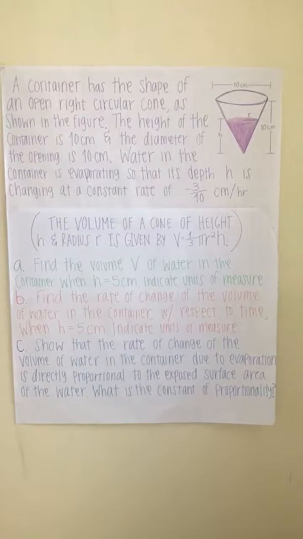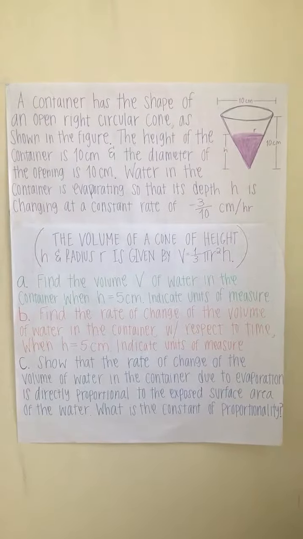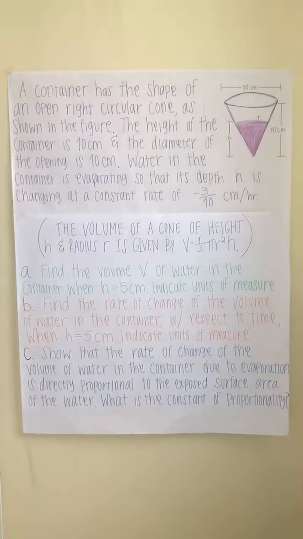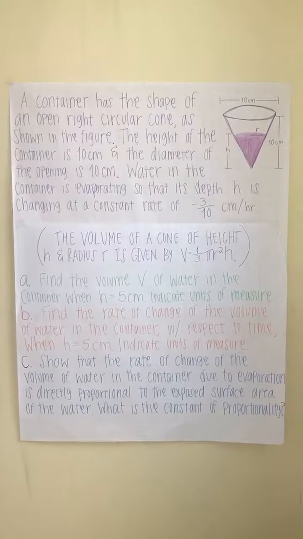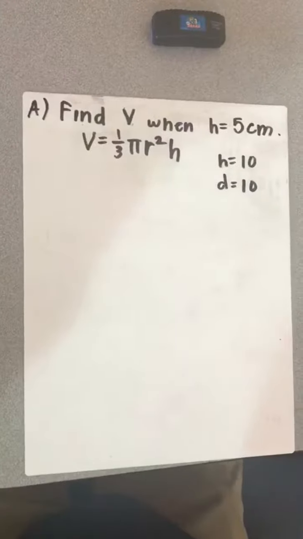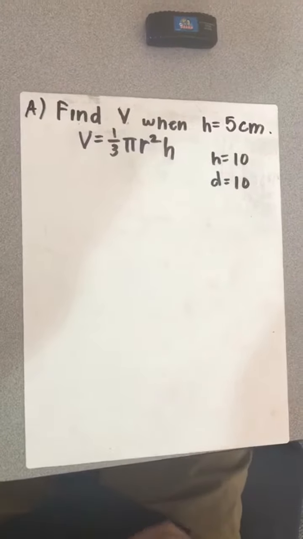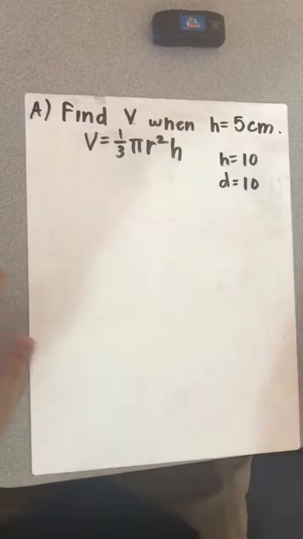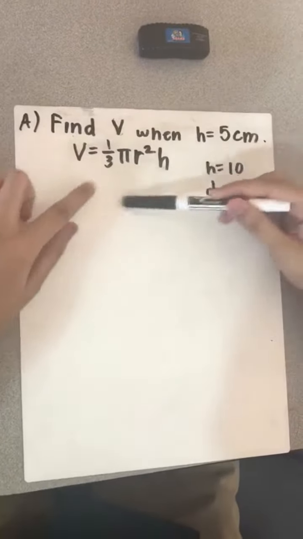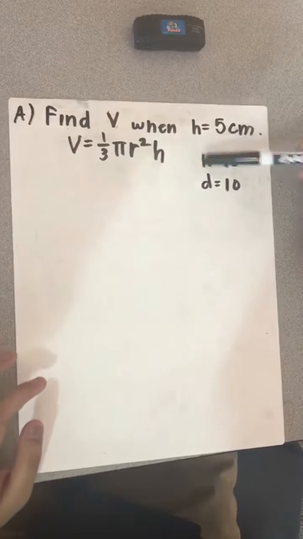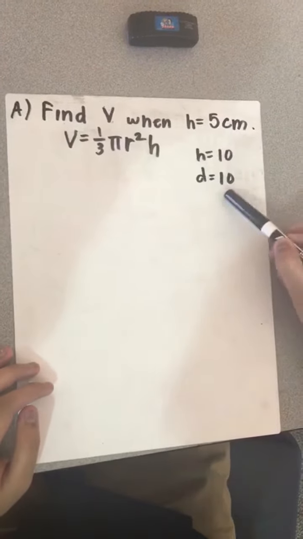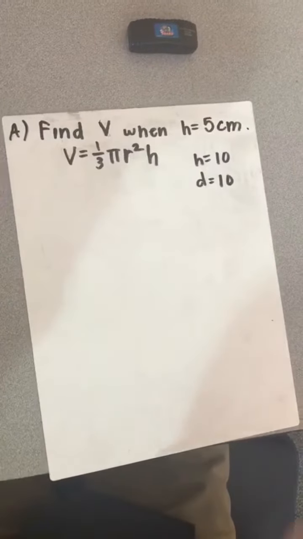Okay, so our first part of our FRQ says find the volume V of water in the container when h equals 5 centimeters. Indicate units of measure. So starting off with problem A, what we need would be our volume equation for our cone, and then we have some of our givens, like height equals 10 and diameter equals 10.